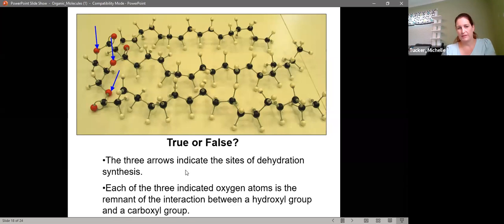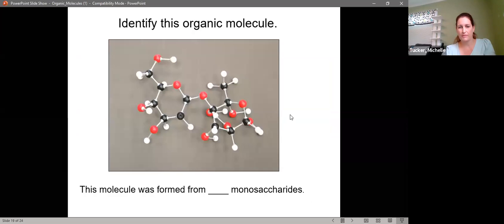Yes, so this is where dehydration synthesis occurs. Okay, so this molecule was formed from how many monosaccharides? 2, yes.